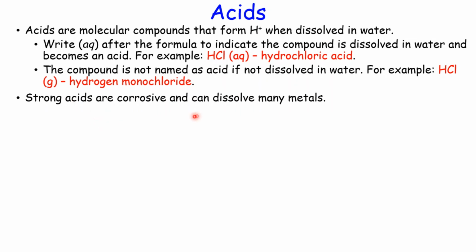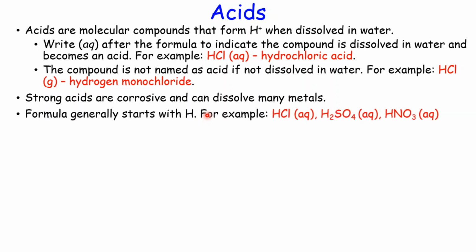Strong acids are very, very corrosive. So when you work in the lab, make sure you take care of yourself, so don't get hurt. And the formula for acids should start with H. You see every one of those starts with H. And of course they contain protons, or hydrogen cation, and an anion.